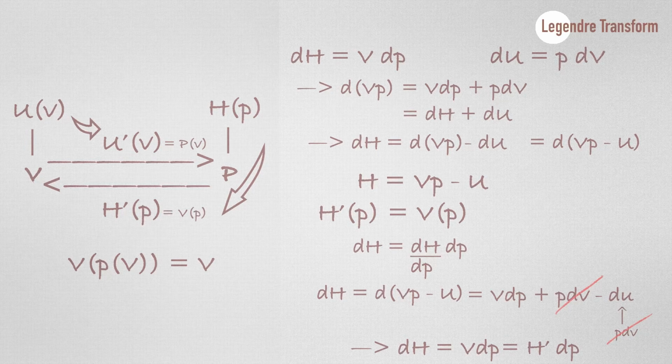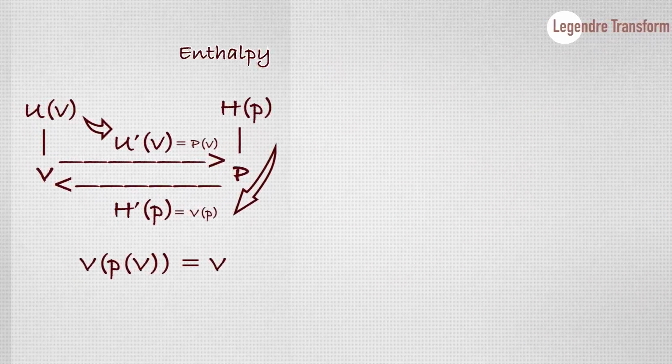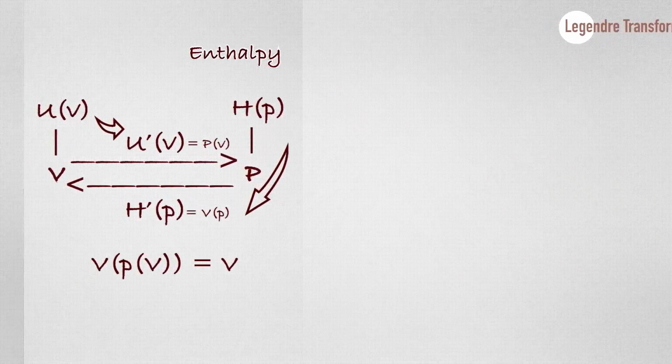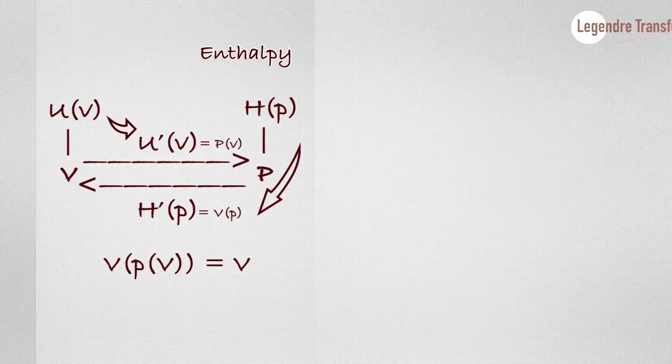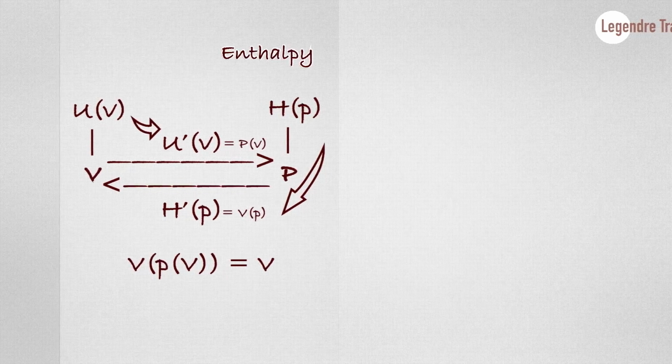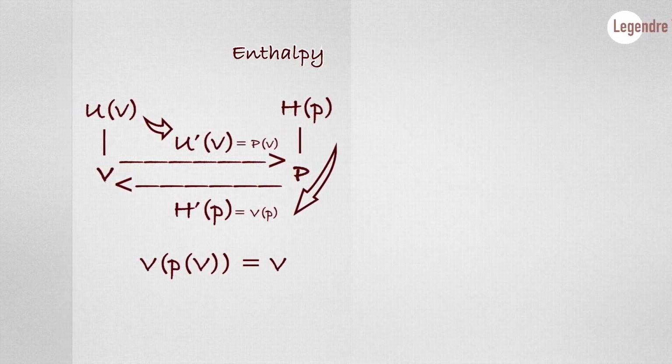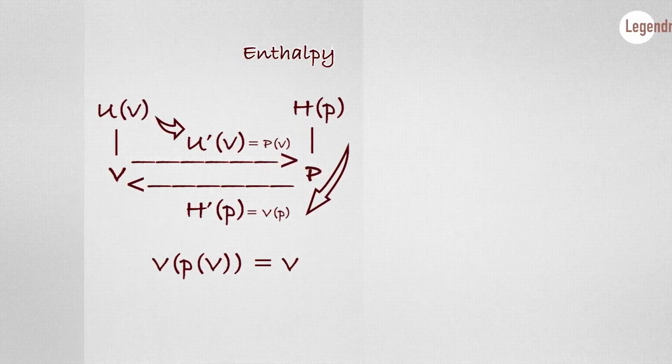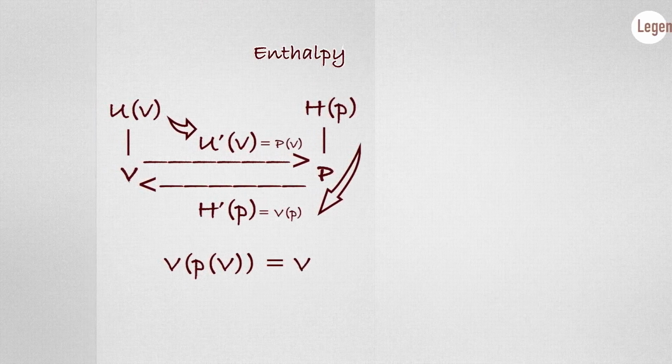And the reason why it exists is because if you do a Legendre transform, which is what we have done, you get a view with the change of variables between volume and pressure, you get the enthalpy.